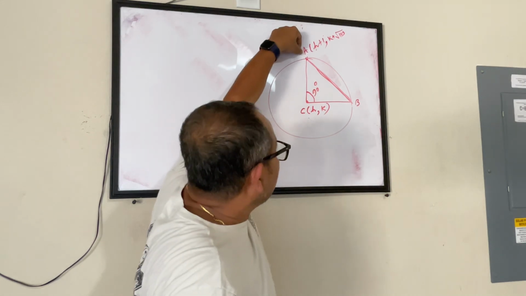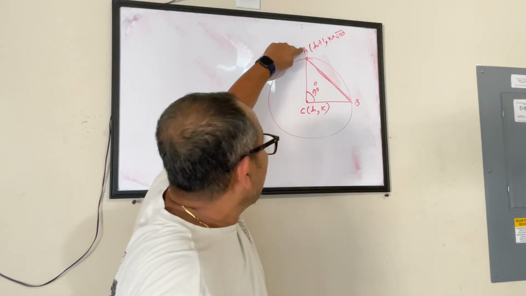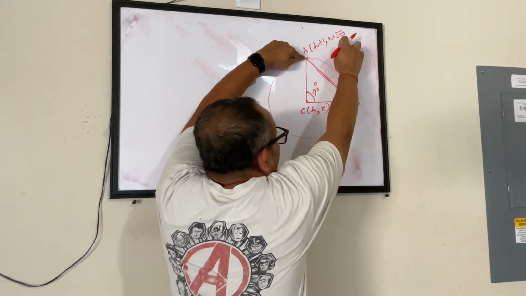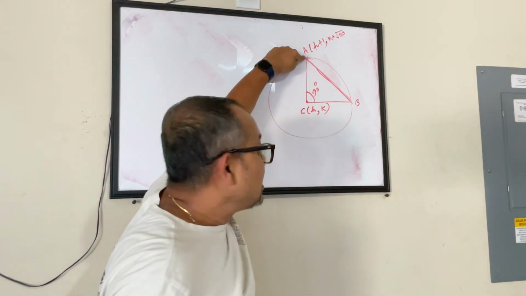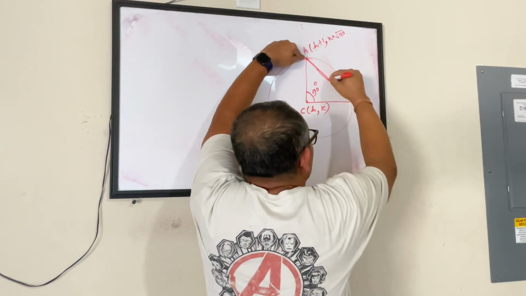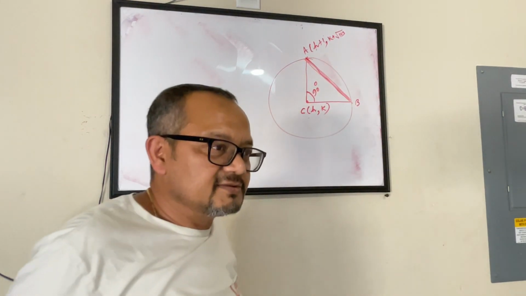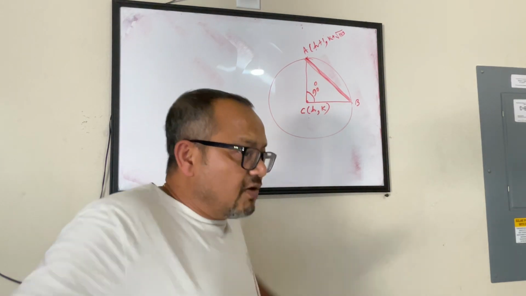And this point A on the perimeter, which is one end of the arc, has coordinates like this. Find out the length of this one, AB.